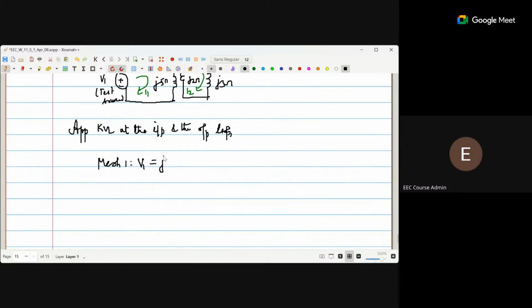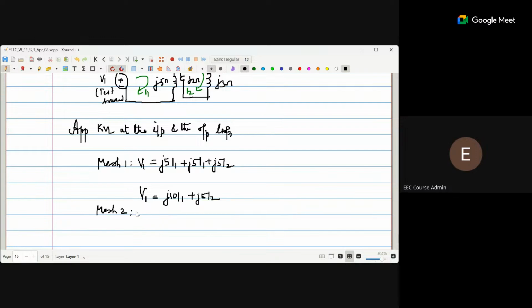V1 equal to J5 I1 plus J5 I1 plus J5 I2. J5 into I1 plus I2. So that will be J10 I1 plus J5 I2.